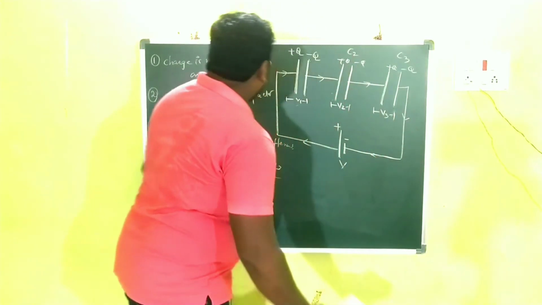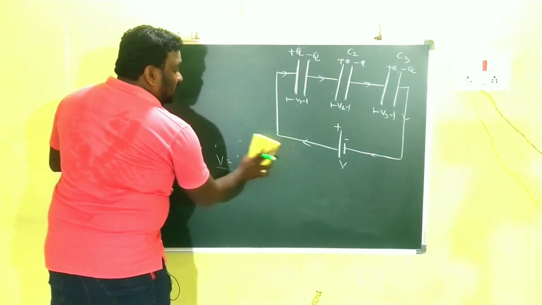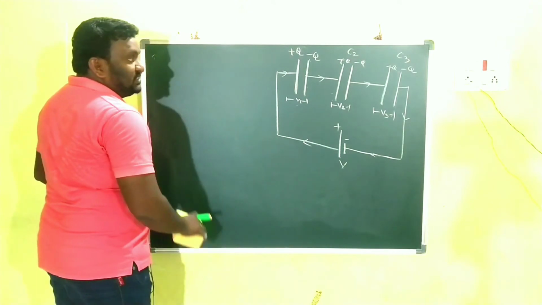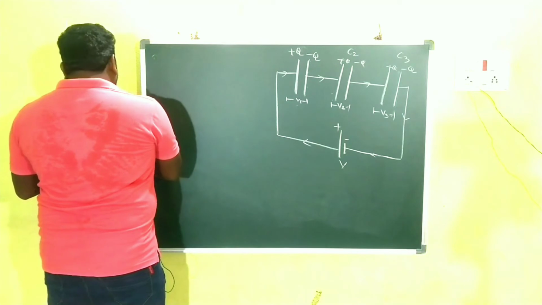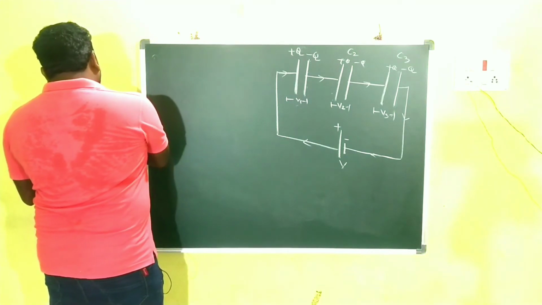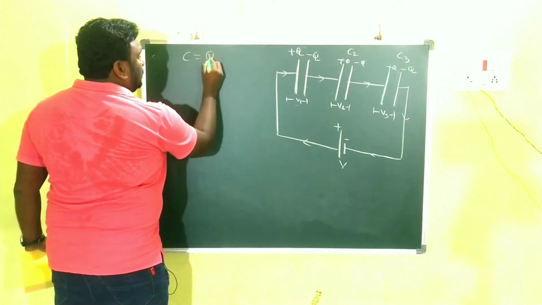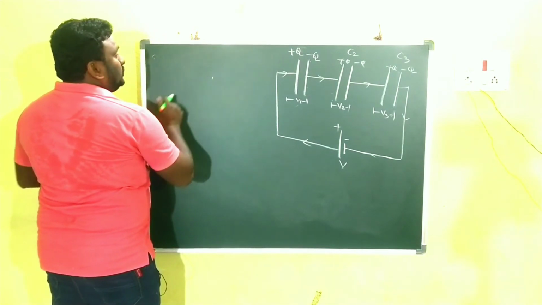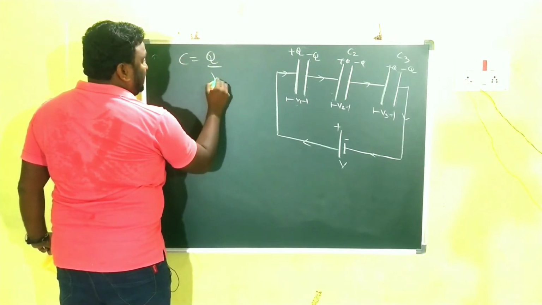So here now I am going for the equivalent capacitance value. Equivalent capacitance value. So children, here I am writing now C is equal to Q by V. What is that? C is equal to Q by V. What is C here, and what is Q, and what is V?